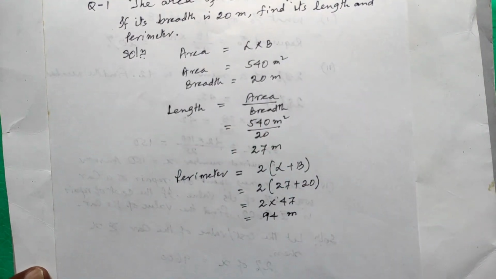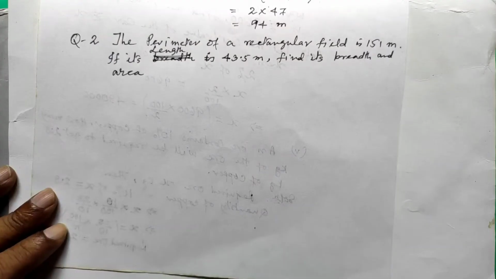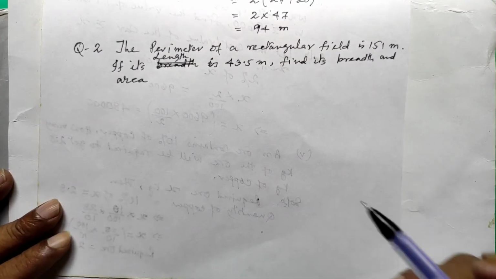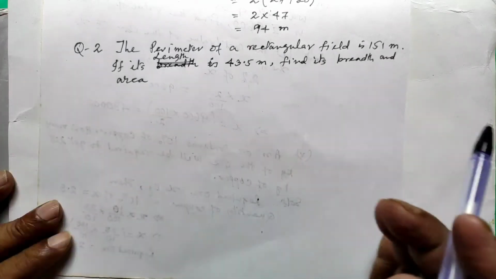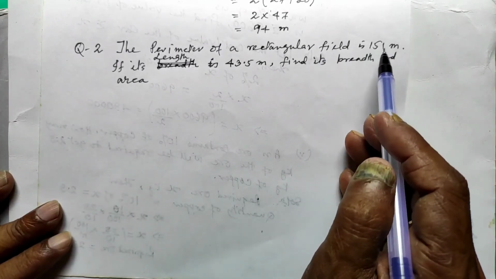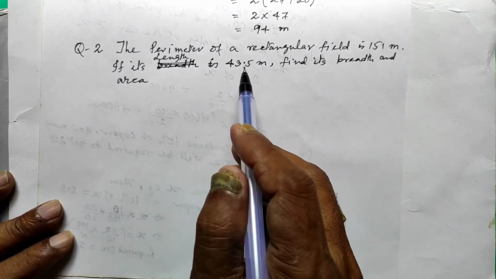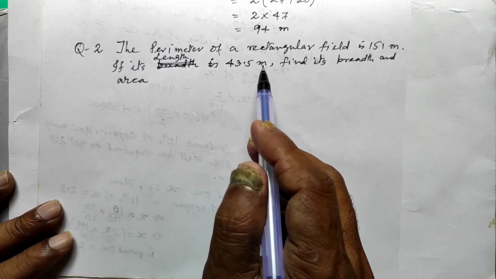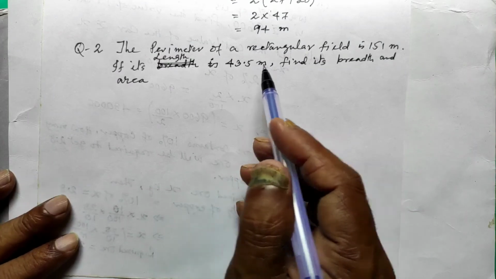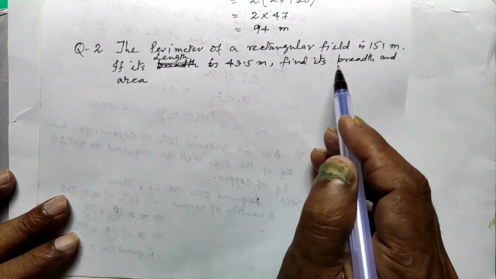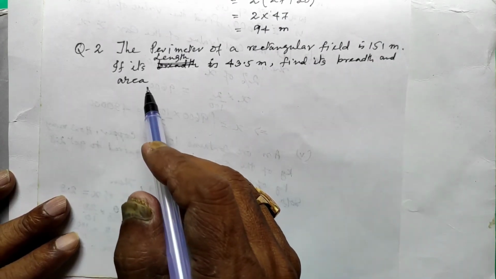In the next sum we will see how to find the breadth from the perimeter, and the area. The second sum says that the perimeter of a rectangular field is 151 meter. If its length is 43.5 meter, which is given as a decimal fraction, find its breadth and area.